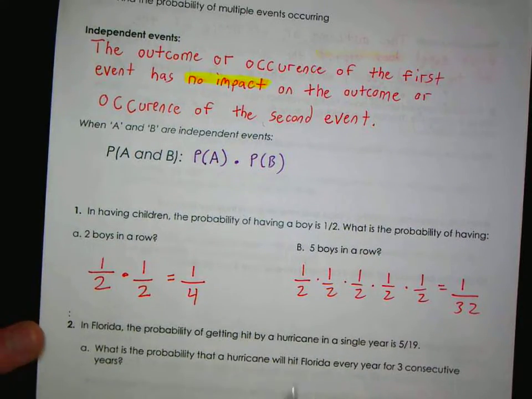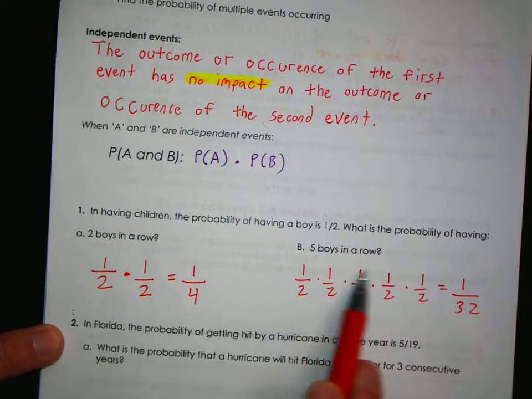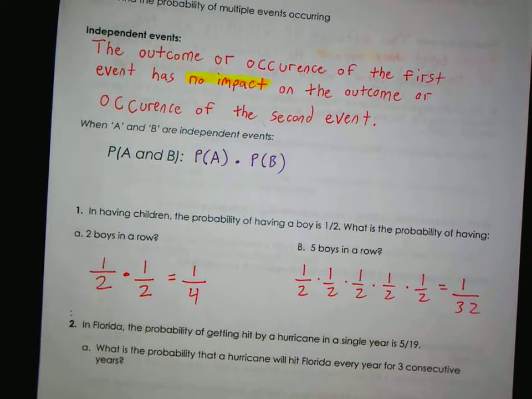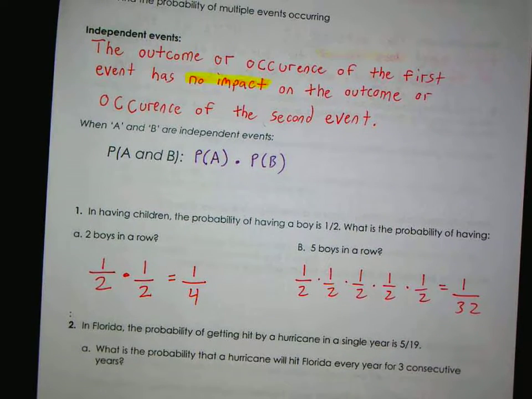Remember with fractions, you multiply numerators, 1 times 1 times 1 times 1 times 1 is 1, and 2 times 2 times 2 times 2 times 2 is 32. Okay? And if you want to write it as a decimal or as a percent, I'm just going to assume you know how to do that. Okay? But this is around 0.031, so 3.1%. Around 3% chance of that happening.